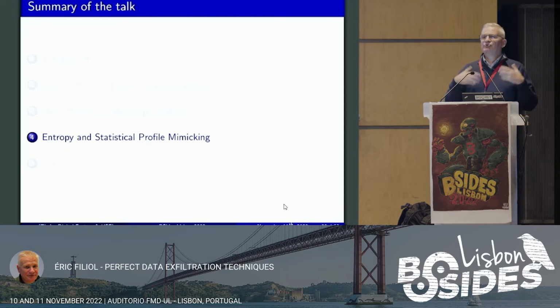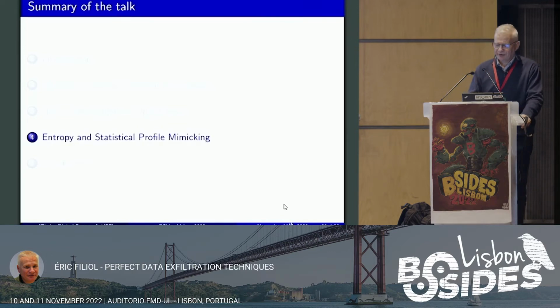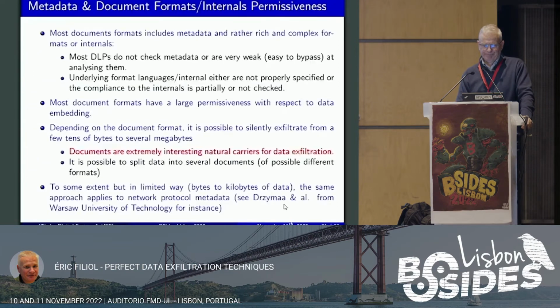Now, how to exfiltrate data? Of course, the aim for the malware not to be detected is to hide the exfiltration technique we use. The first is very lame, but it is still very efficient against most DLPs. I have tested against the most famous DLPs that you can buy. They were all defeated.